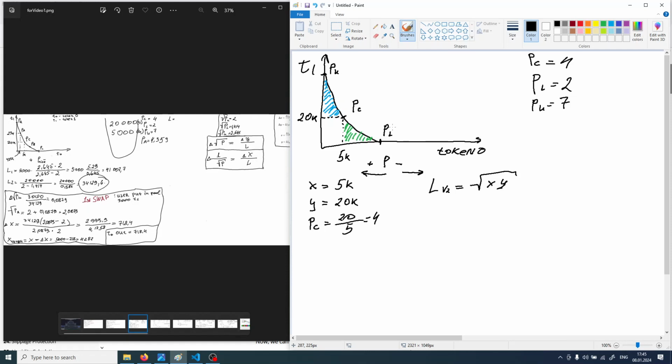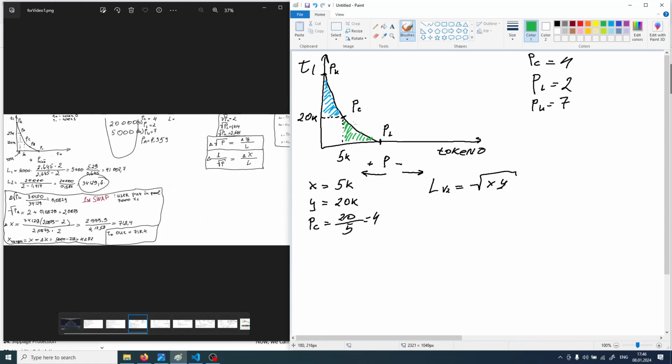Why? Because all this price range will contain liquidity only for token 1.